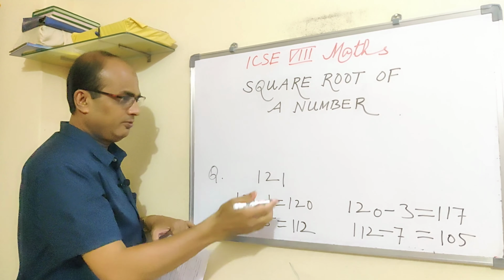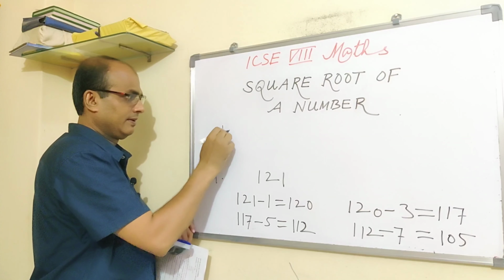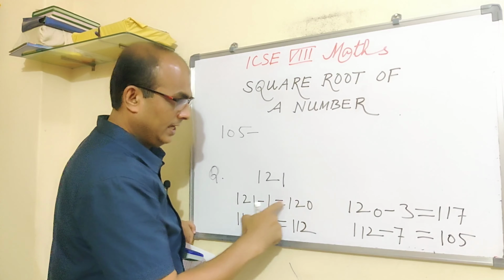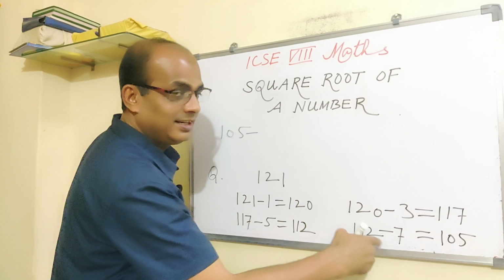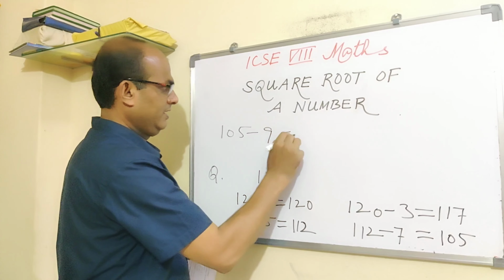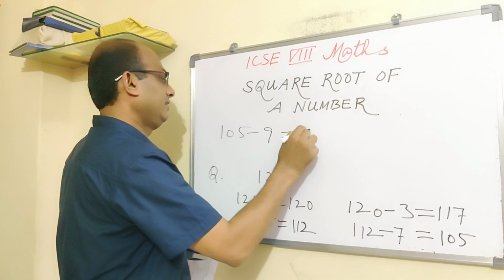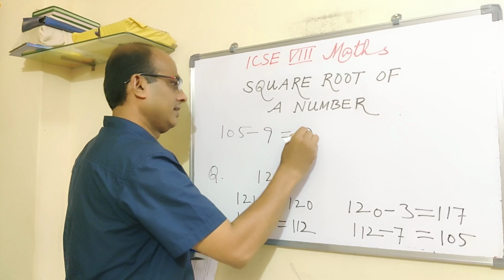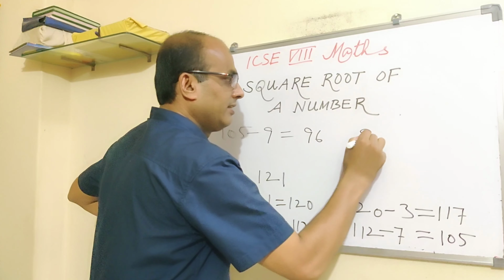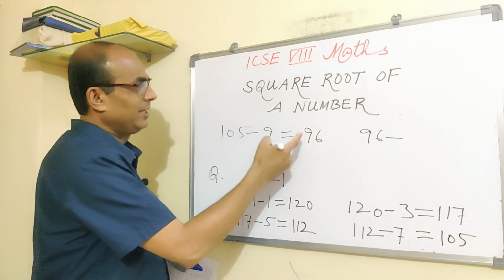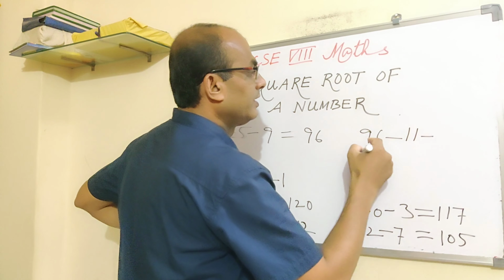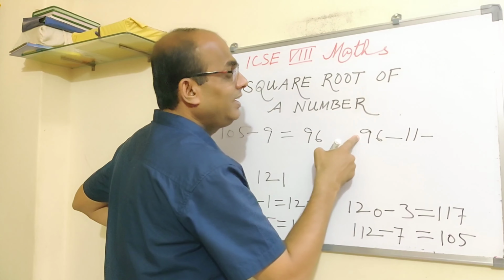Now from 105 we subtract, see, 1, 3, 5, 7, then the next number is 9. So we subtract 9. And then we are getting how much? Is it 96? 96. Now from 96 we are subtracting next number, 11. And we are getting how much? 85.